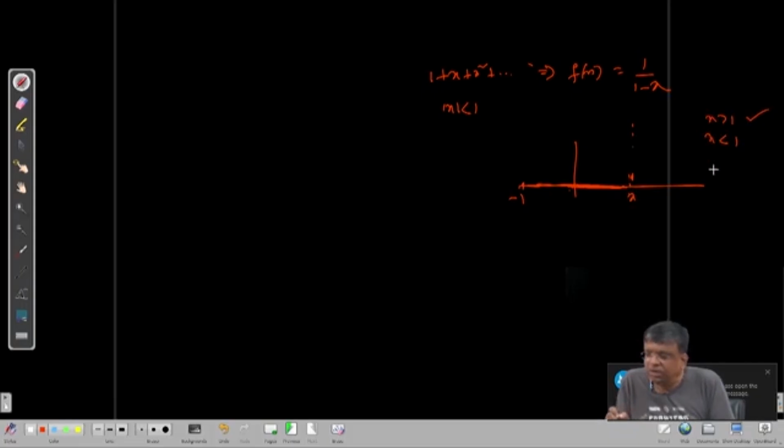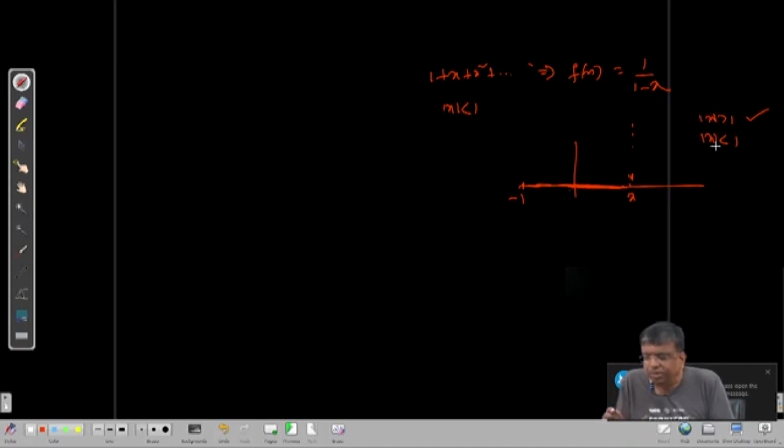Only thing is at x equal to 1, function does not exist, means that is not part of the region of convergence of this. So, this much from looking at the function, we can say that the point where it does not exist, the x equal to 1, that cannot be region of convergence. But the function I know, it exists for x greater than 1 also, less than 1 also.